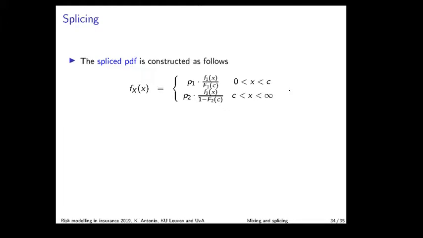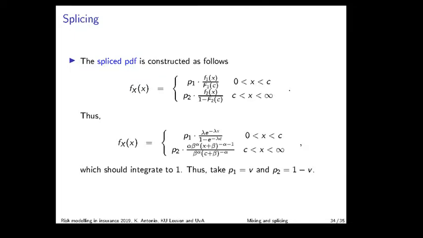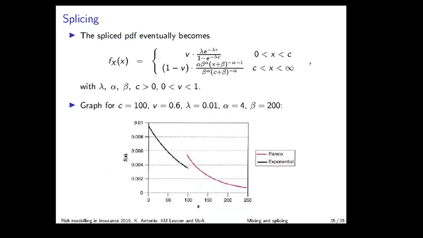They must be positive and add up to 1. Filling in all the formulas from the previous sheet, you can verify the expression as shown here on the sheet. Now, in this particular example, the resulting PDF printed on top of the sheet is not continuous in the breakpoint. That's the point c in this example.